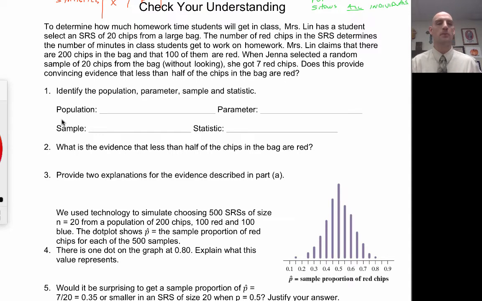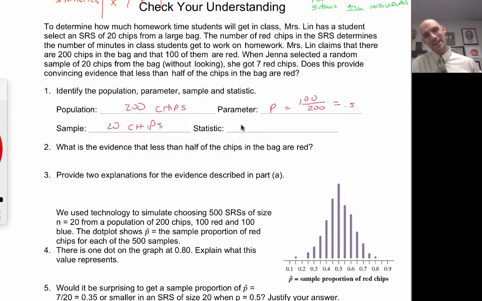So what's the population here in this scenario? What's the population of this bag? So it'd be the 200 chips. And so the sample would be the 20 chips that Jenna pulled, right? And so the parameter would be, so my population proportion would be the 100 out of 200 that are actually red, that Mrs. Lynn claims are red.